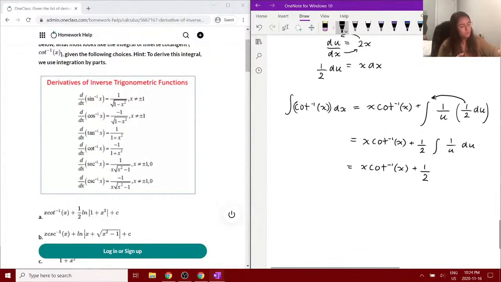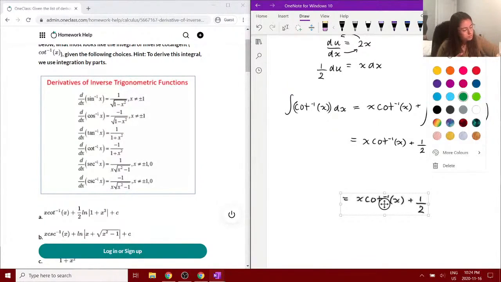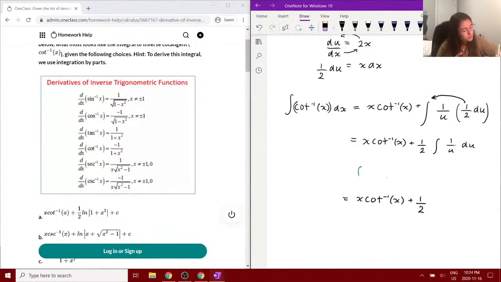And you should know that the integral of 1 over x dx is equal to the ln of the absolute value of x plus a constant c.